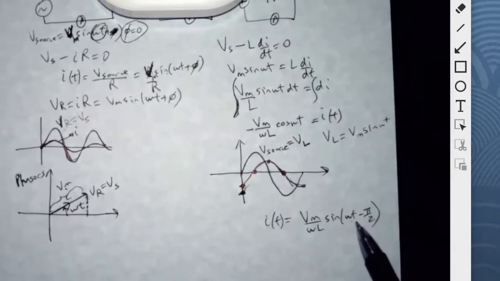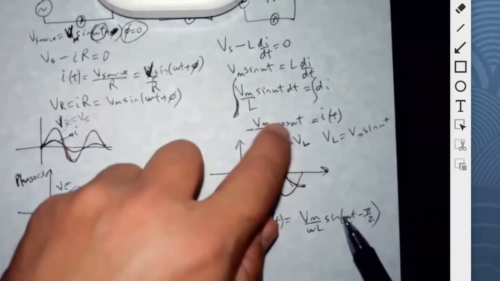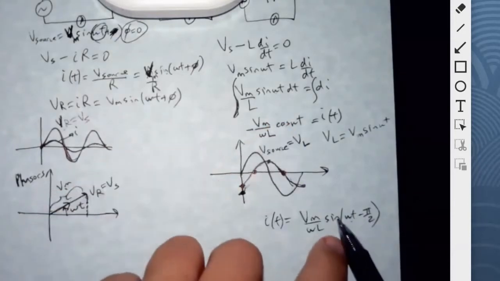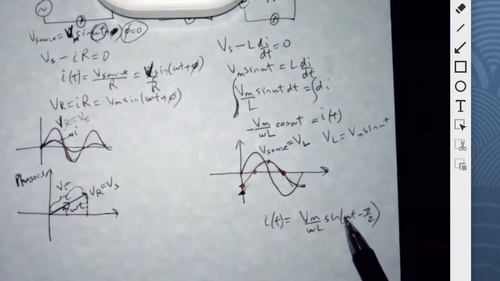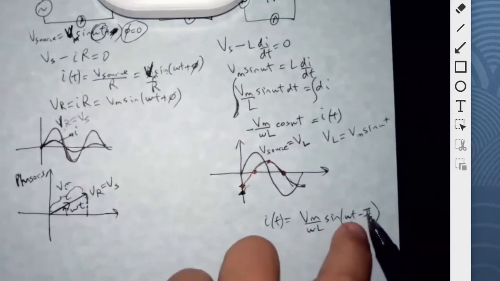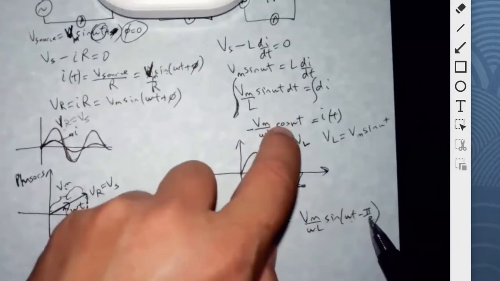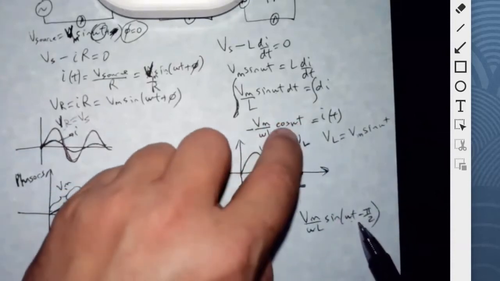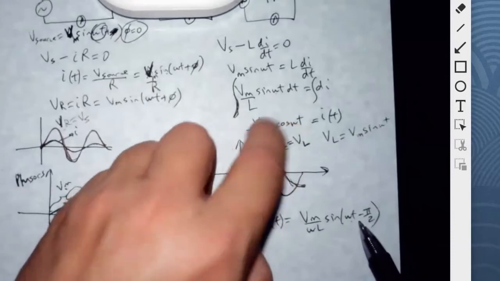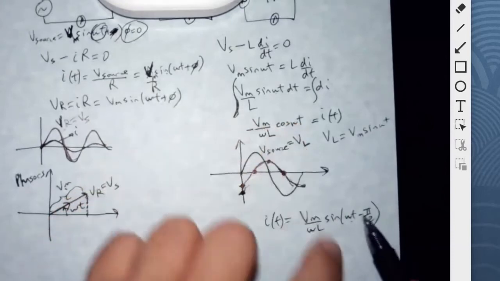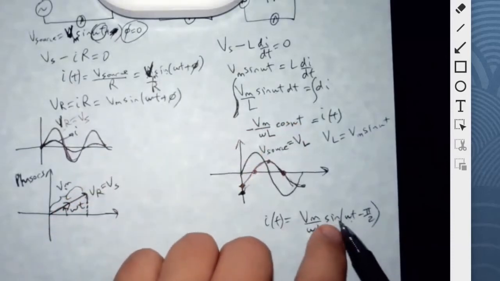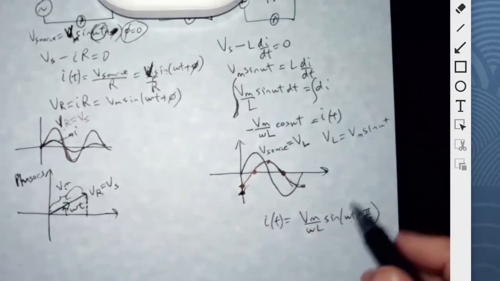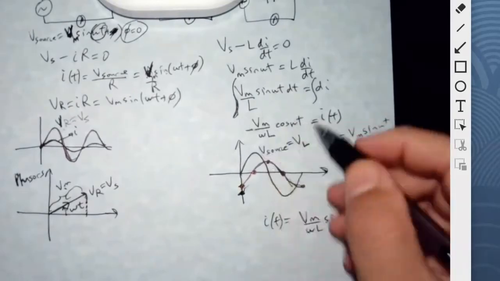So the way to do this is to rewrite the negative cosine function in terms of a sine function, and then find out what phase angle I need to give me the same results. If I put t equal to 0, this gives me cosine 0, which is 1, so it's going to give me negative 1. If I put 0 here, sine of negative pi over 2 is negative 1. So this mimics that same function.